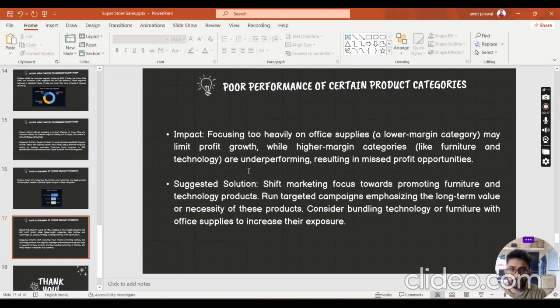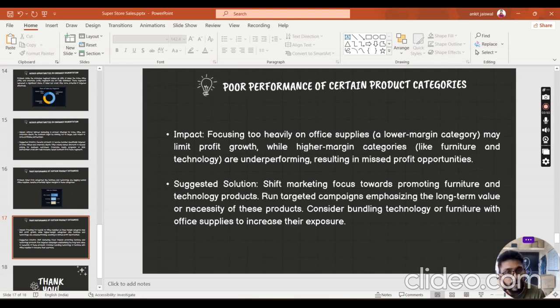The impact could be focusing too heavily on office supplies, a lower margin category. Obviously, office supplies are a lower margin category compared to these two, because office supplies are limited to offices. Maybe we have 5 lakh companies, but compared to that we have 5 billion homes. So focusing on these categories is worthwhile.